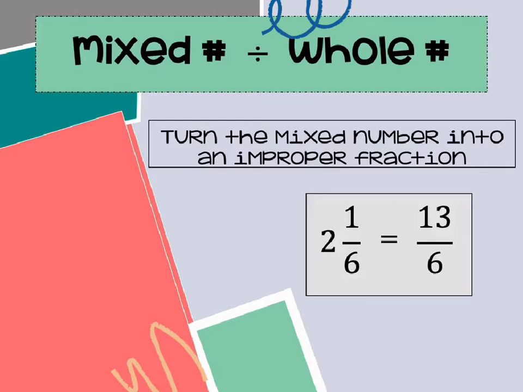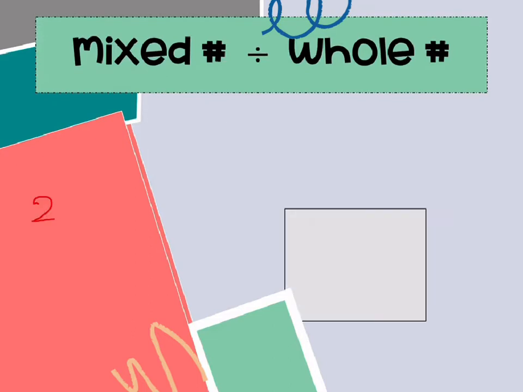Before we go on to our whole number, I want to show you something about your mixed number. If you were to write your mixed number in expanded form, notice that this 2 right here is actually 2 wholes, and your fraction is 1/6.